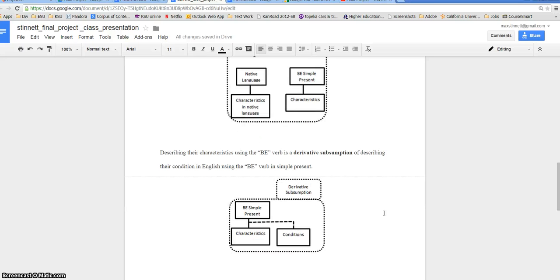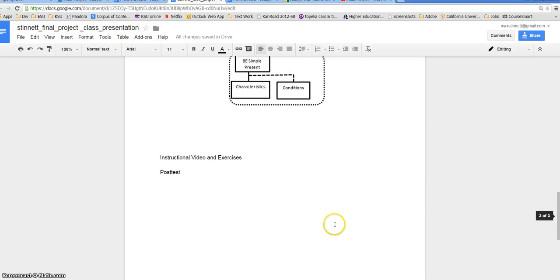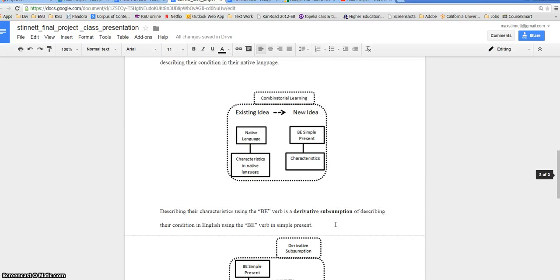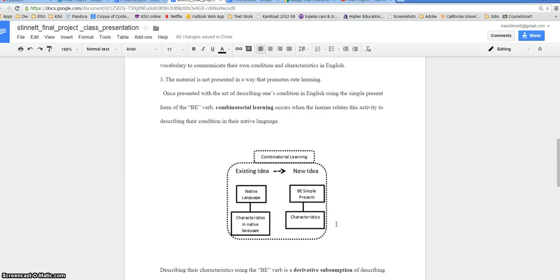And then once they get those characteristics down, it's derivative subsumption when they apply that structure they use for characteristics to conditionals, or to conditions.